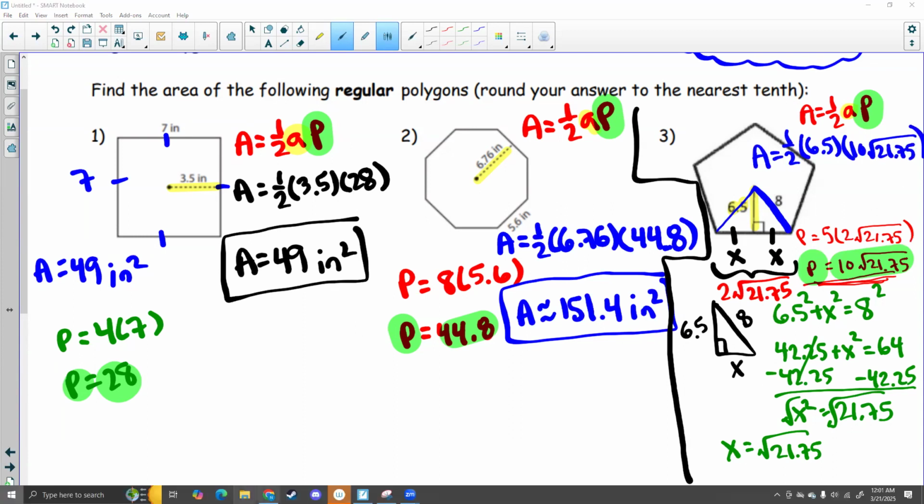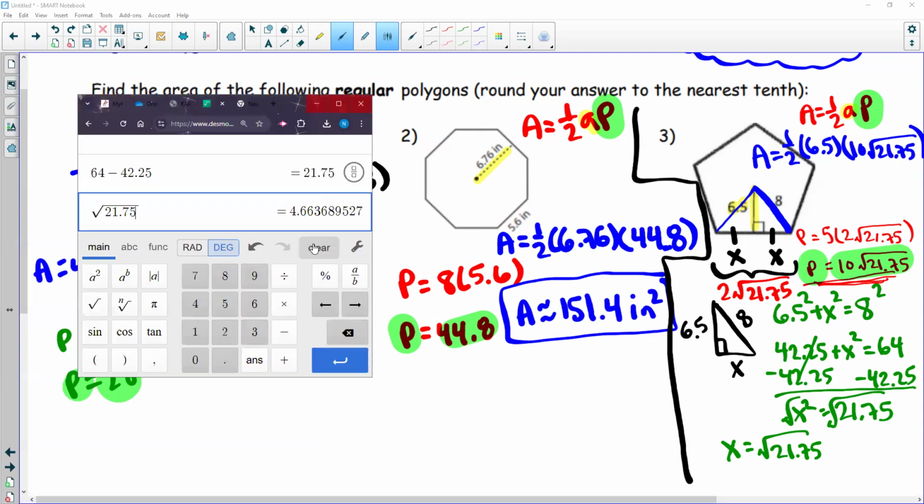If we plug this into our calculator here, let's type this in. We have 1/2 times 6.5 times 10 times root 21.75.